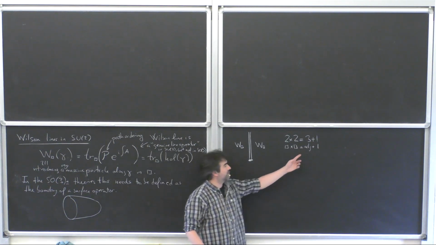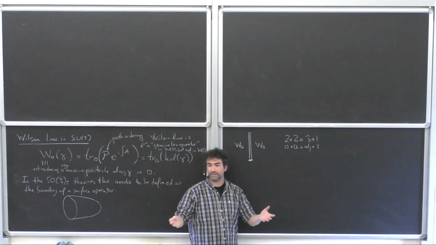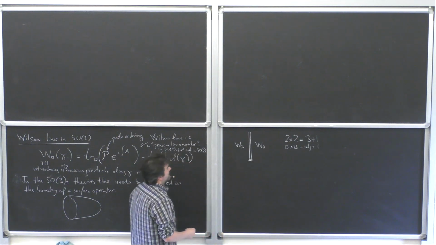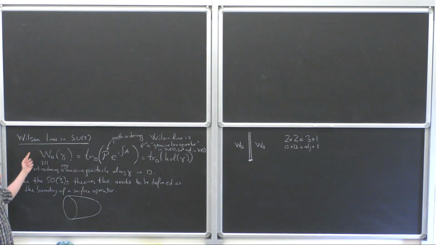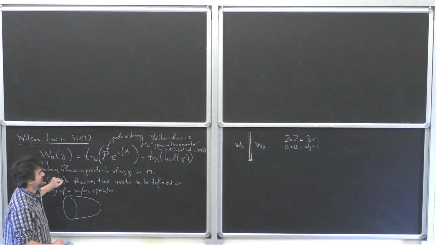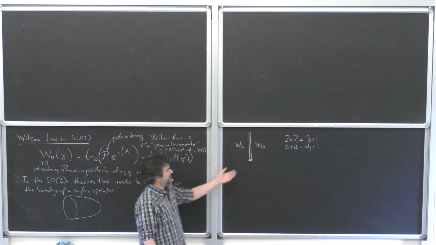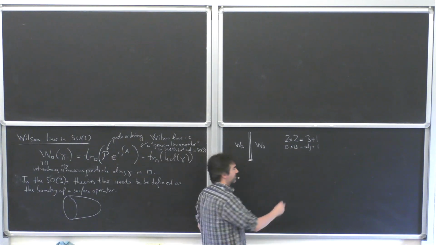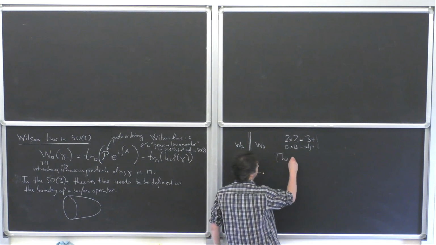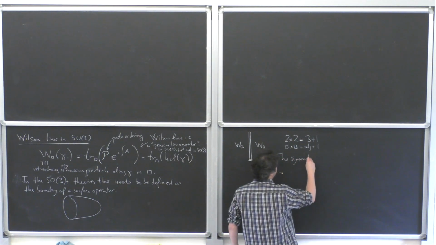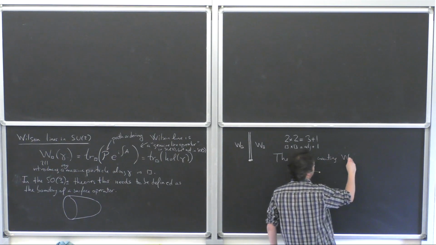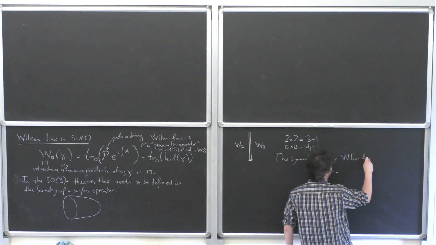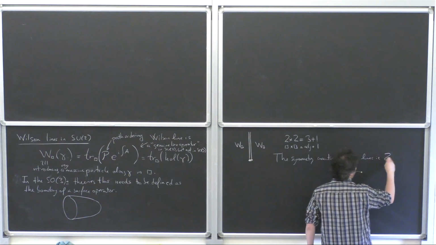So in the SU2 theory, we do have adjoints and we have singlets, so we can break these lines. That means that the symmetry that in principle counts how many Wilson lines you have goes from being U1, potentially, had there been no breaking, into being a Z2. So the symmetry counting Wilson lines, insertions of Wilson lines, is Z2.